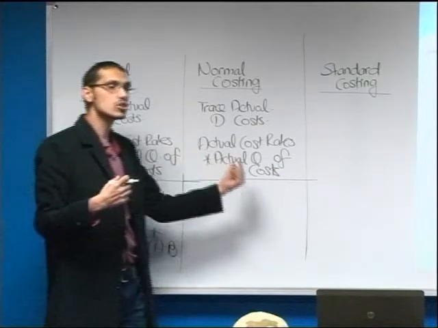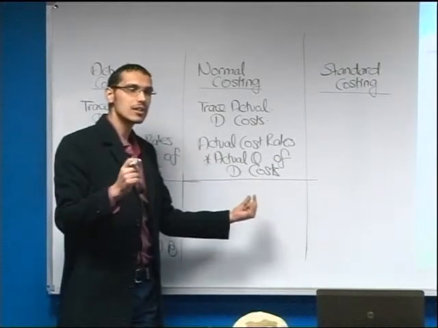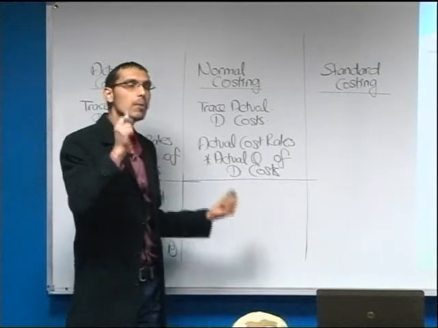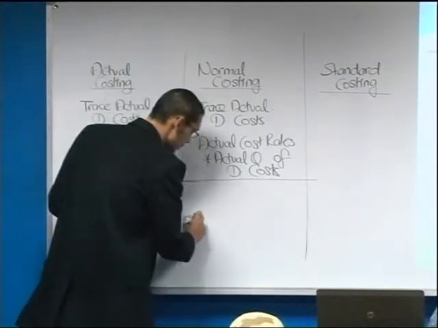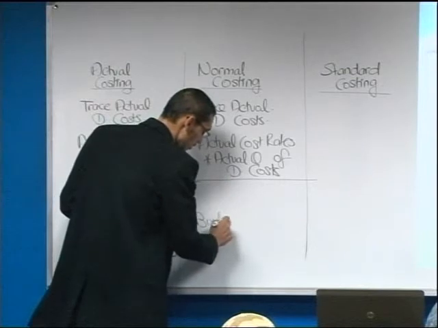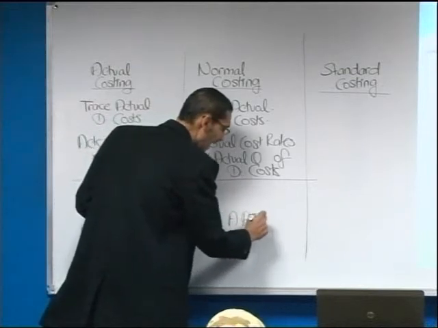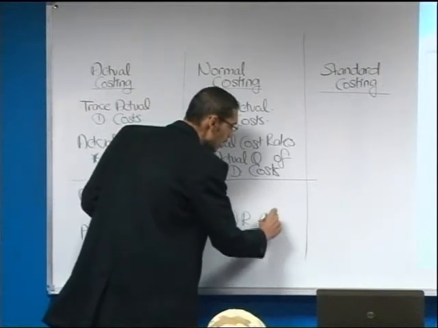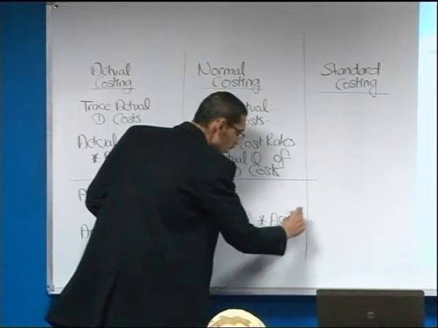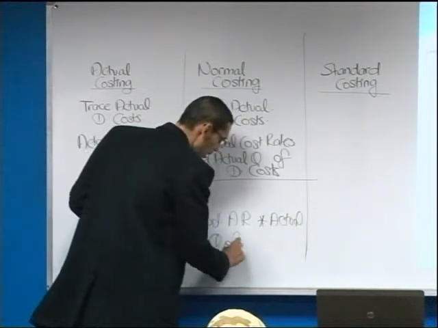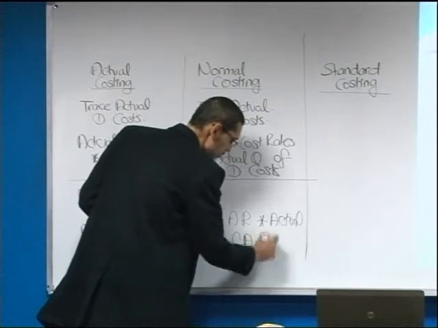Therefore, the normal costing system would solve this problem by using the budgeted allocation rate and multiplying it by the actual quantity of the allocation base.